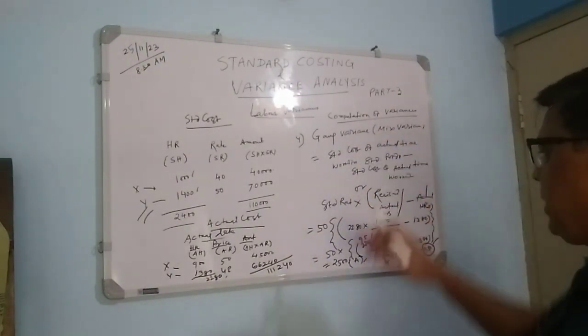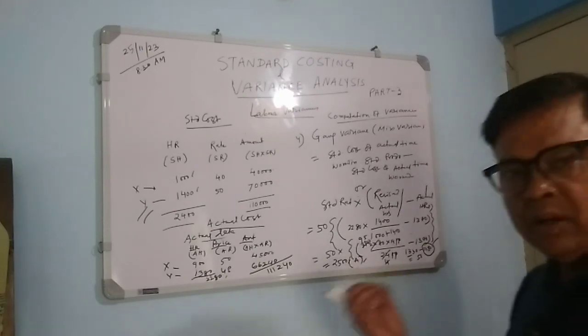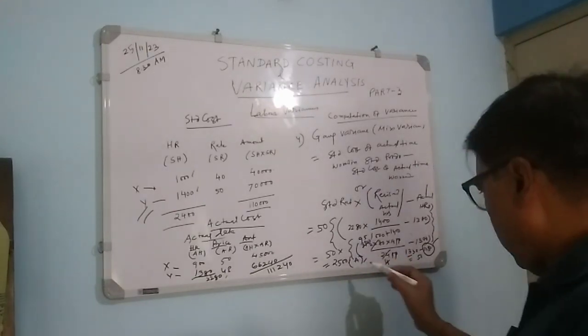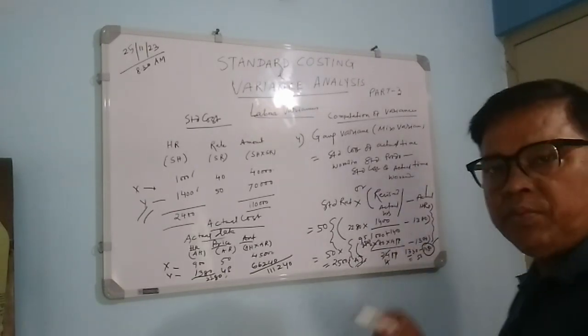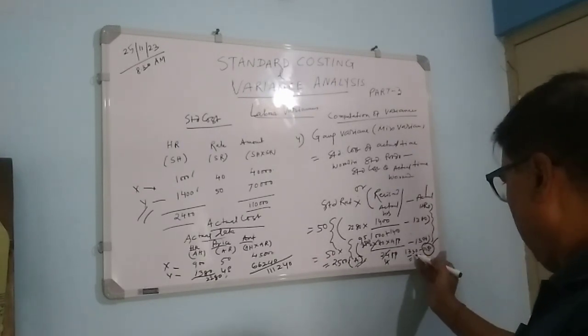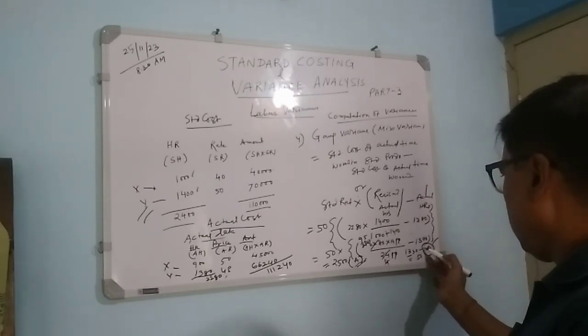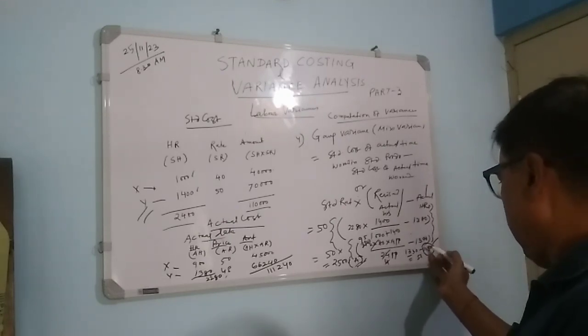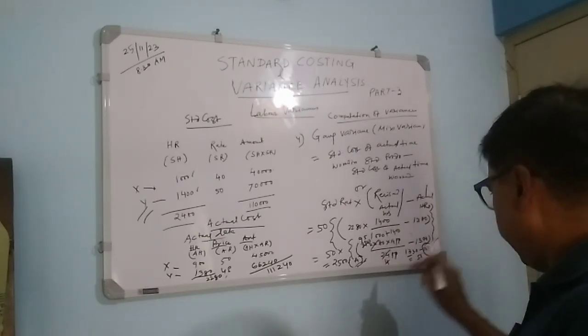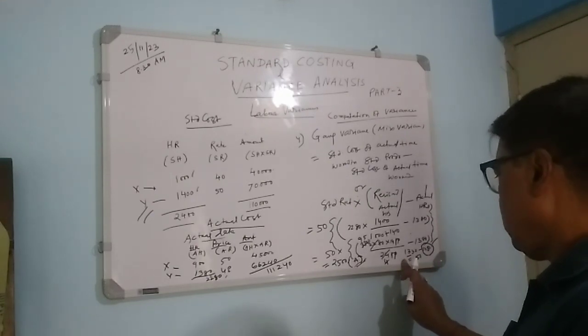So this gang variance is a little bit complicated in such concept. For writing adverse or favorable, you have to see carefully which is more or less, revised actual hours or actual hours. If actual hours is less than revised actual hours, it will be favorable.